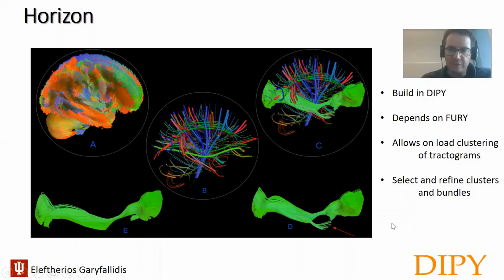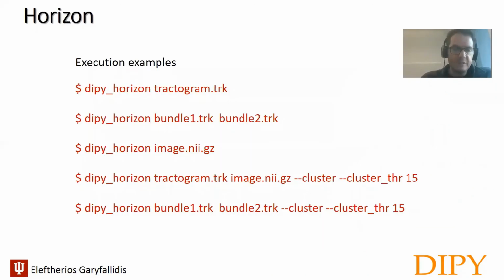All right, so you can use it for selection and refinement of clusters, and then you can save the results as new TRK or other files. So to execute that, you basically write dipy_horizon, then the tractogram. You can have one or many tractograms included, and you can also have a clustering threshold.